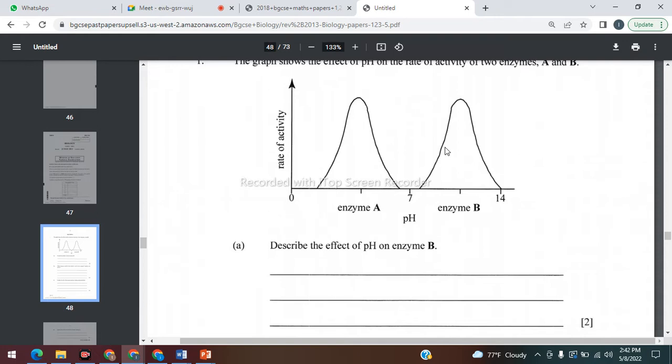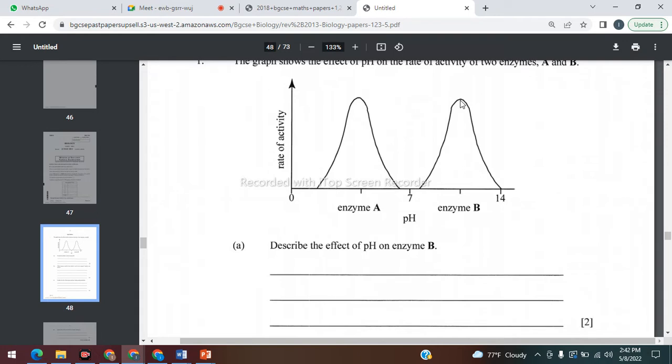Yeah, you're basically on the right track. So we'd say as the pH level increases, enzyme activity also increases, right? Until we have a maximum rate of activity.